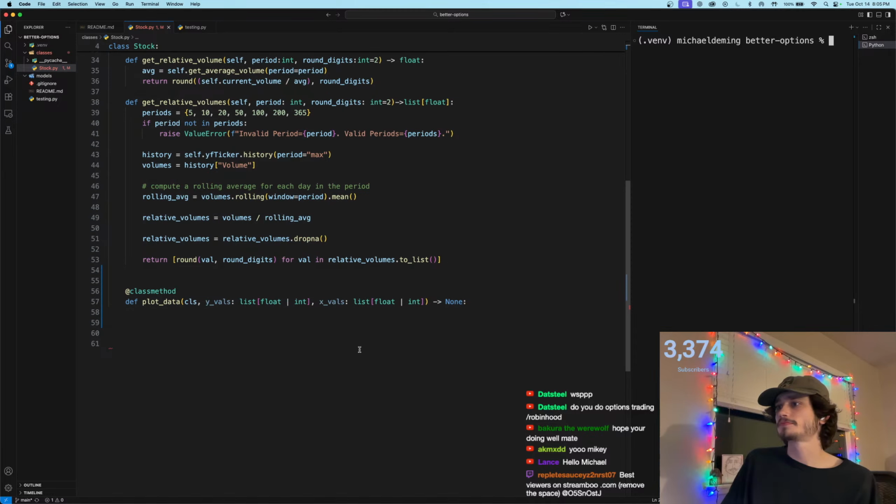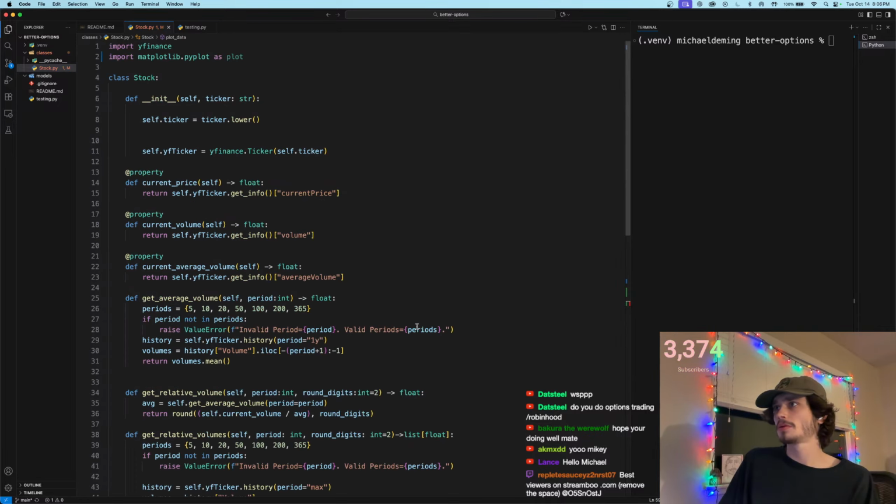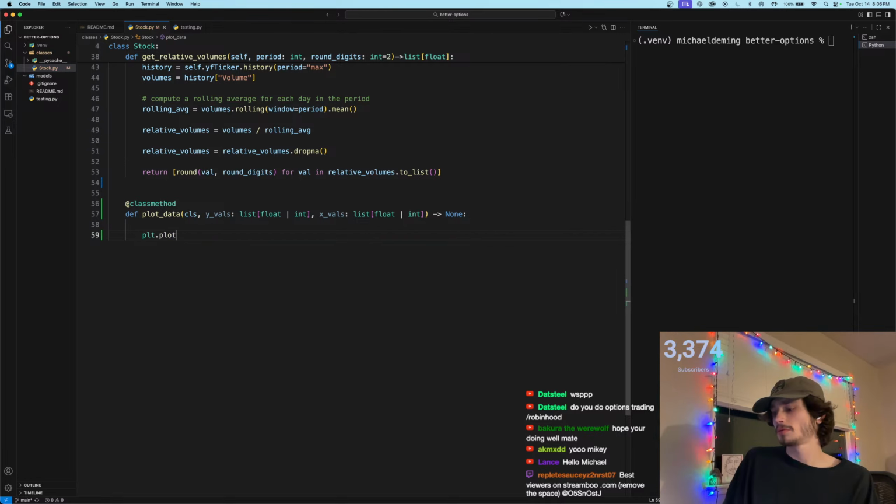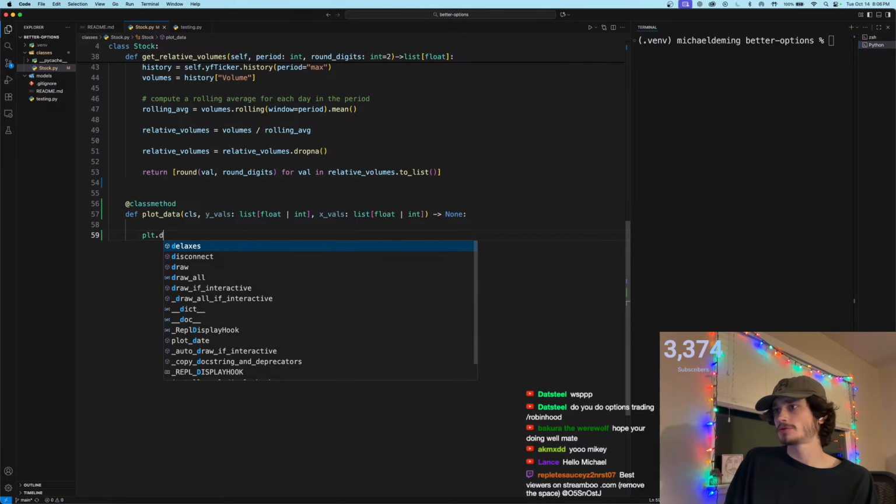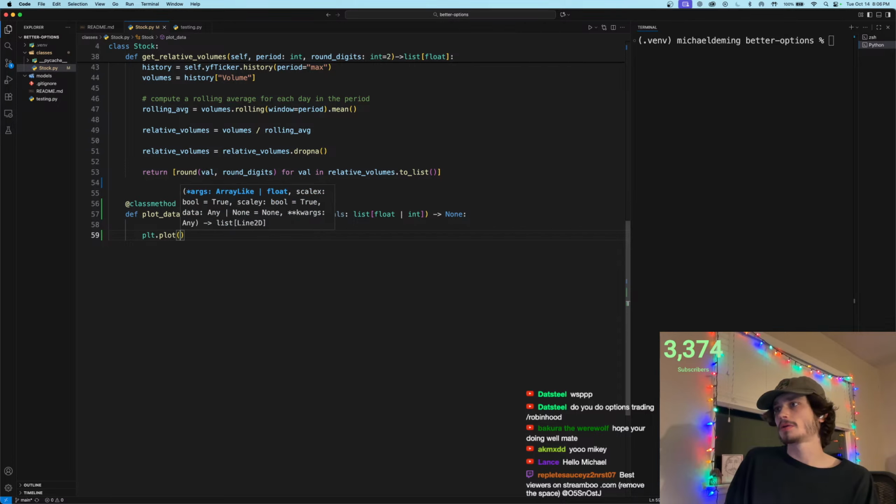Okay, that's installed. So let's go plot dot plot, args, x values.